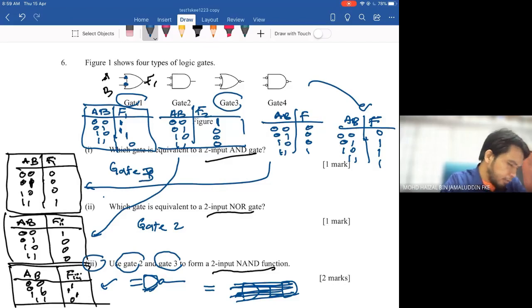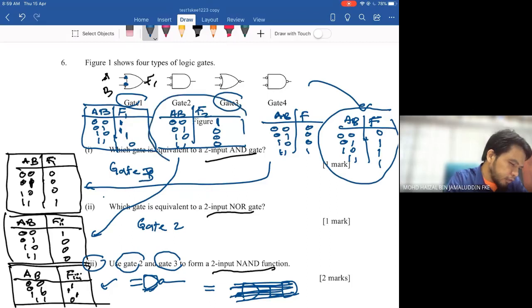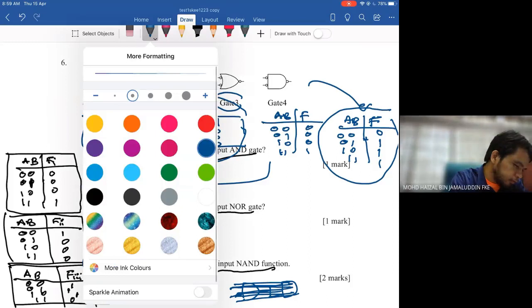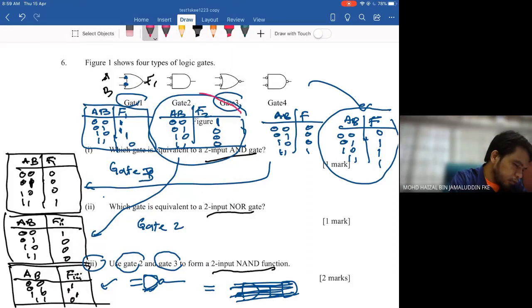So for question number 3, you need to think based on the truth table. And you need to relate. This question is a bit difficult. Just a bit. Okay. And you need to relate to this truth table.